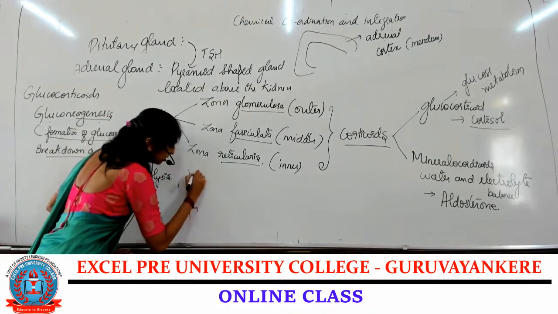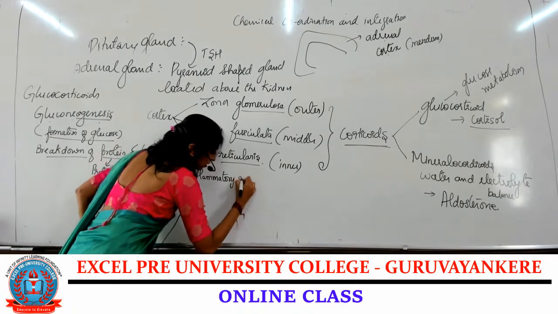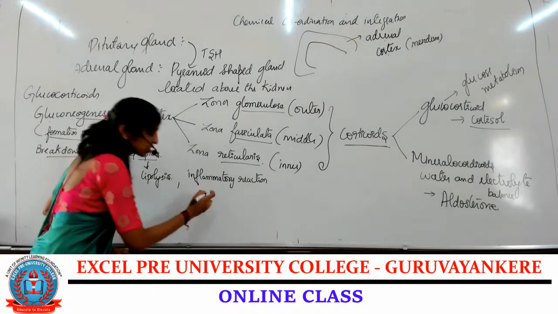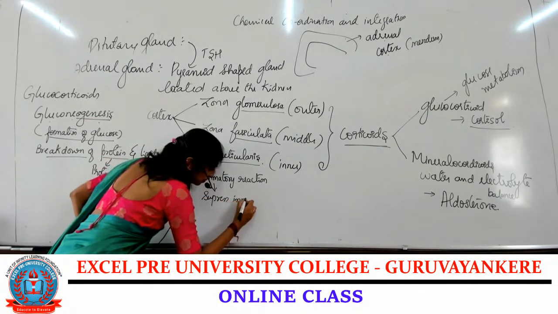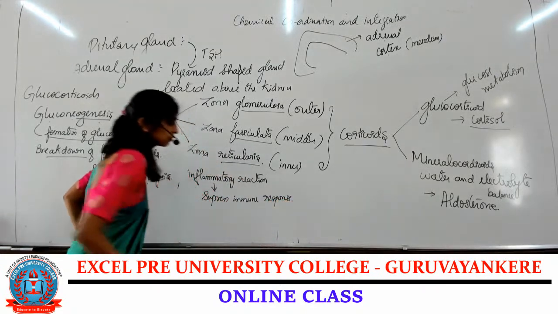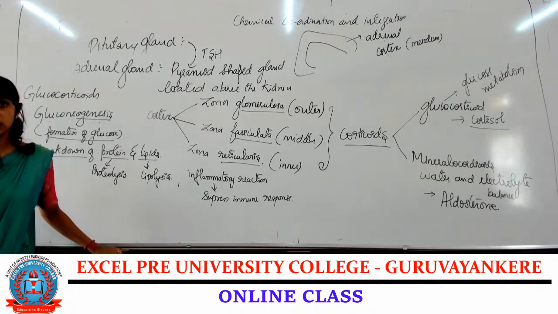Since they are involved in the inflammatory reaction, they suppress the immune response, so the body's excessive response is reduced. Is that understood?